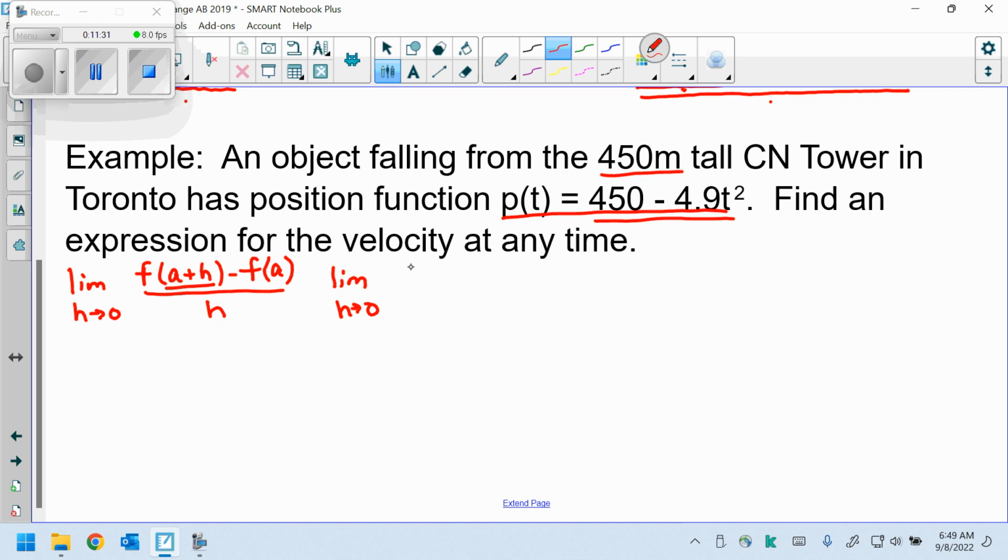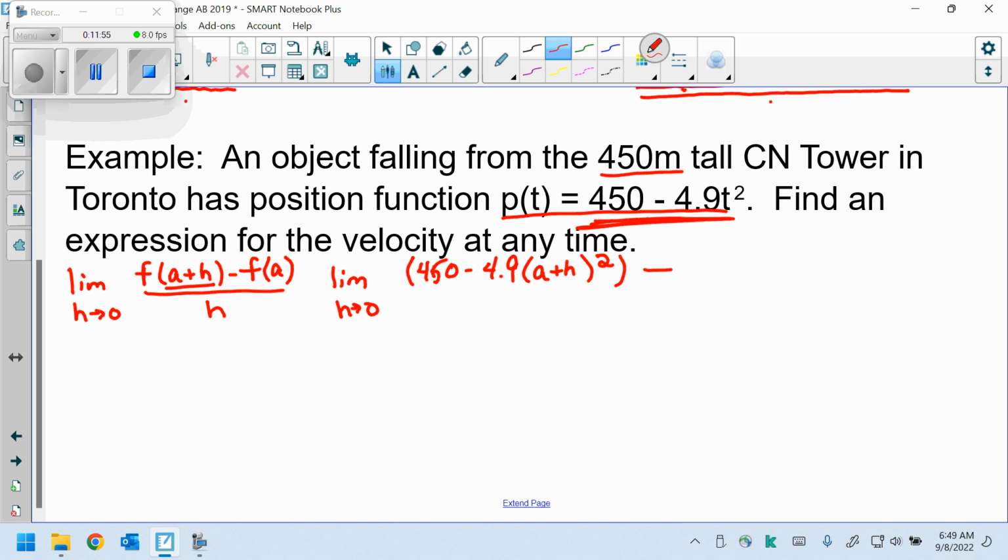And if I put an a plus h in there, I get 450 minus 4.9 a plus h going in place of the t squared. There's f of a plus h minus f of a.